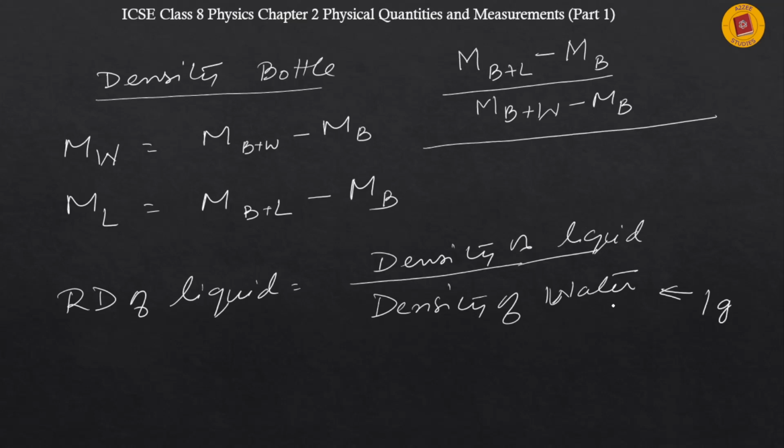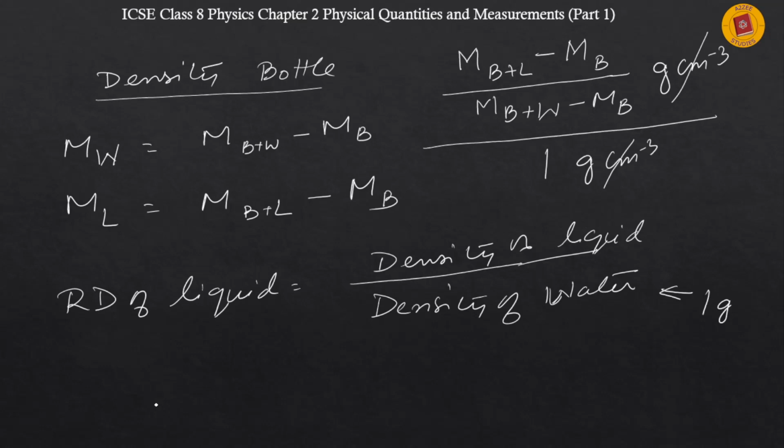Now we divide the whole thing by 1. The units are still here because these are densities. This will be grams per centimeter cube and this is 1 gram per centimeter cube. At this stage the units will cancel out, and the whole thing divided by 1 gives us this.